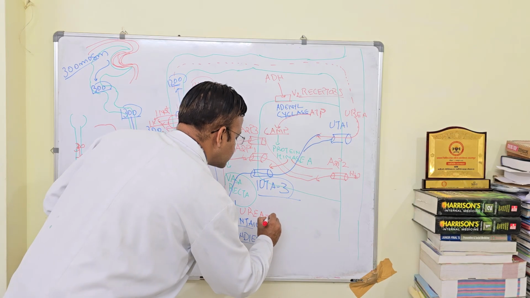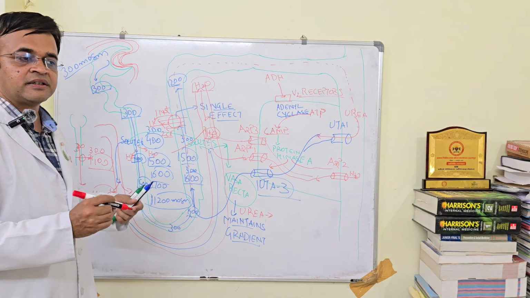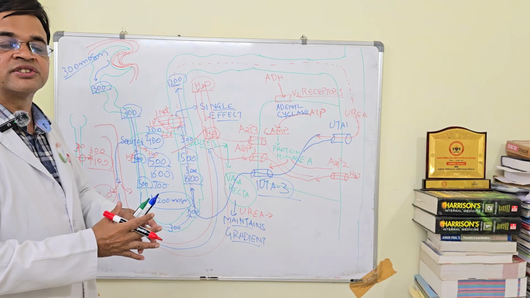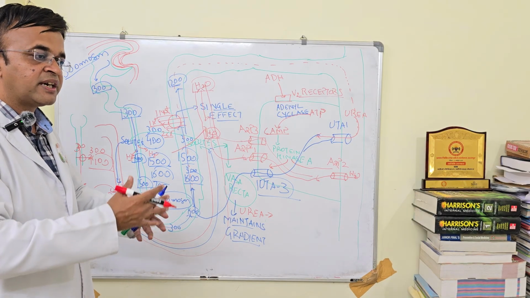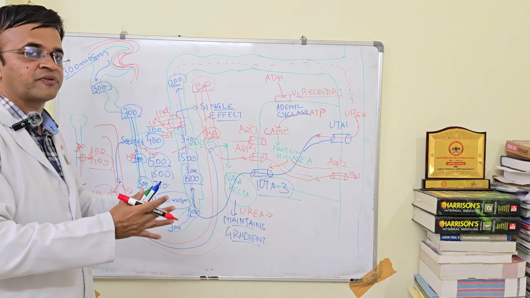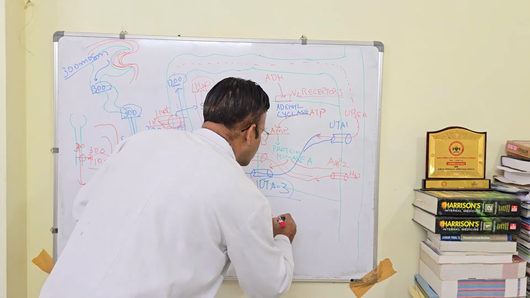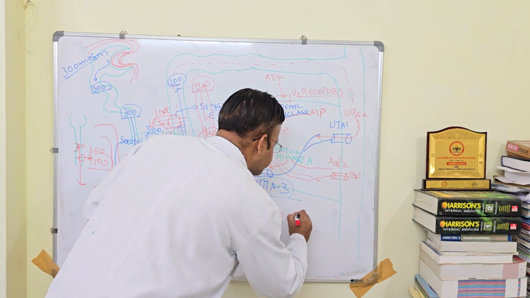In many urea transporter defects, the subject loses the ability to concentrate urine. If the subject loses the ability to concentrate urine, they are going to excrete a lot of water, and this will lead to hypotension. So urea contributes 40% to renal medullary osmolarity.